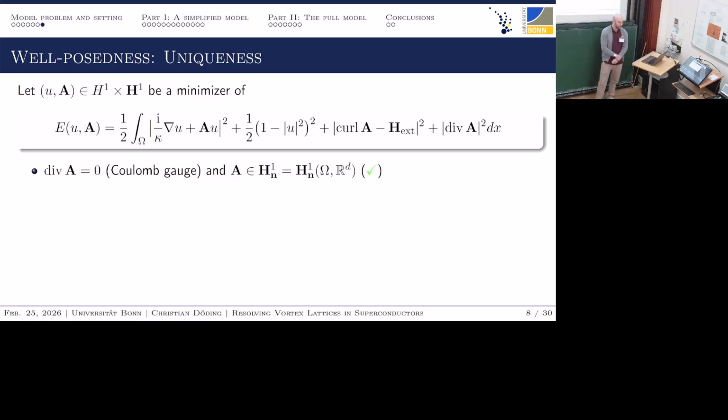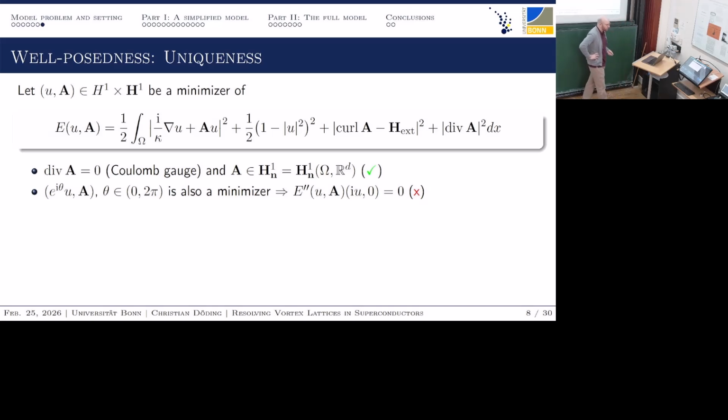And so that is actually the space that I want to consider, H1 with some zero normal trace of the vector potential. And we can assume under some conditions, or if the system is not degenerate, that this minimizer in A should be at least locally unique. However, in the order parameter U, it's a little bit different because there is a symmetry hidden in the energy.